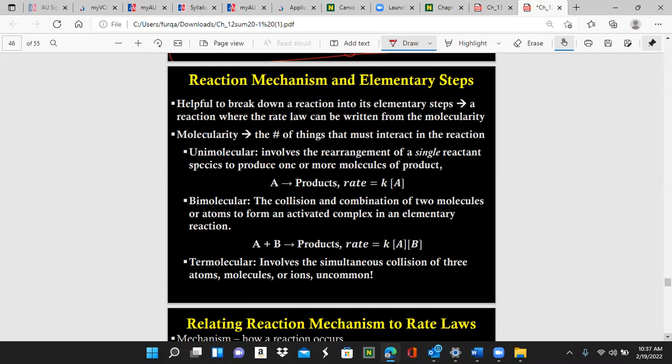In most cases, we just see a balanced chemical equation, so it looks like a direct change, but that change may have taken a multi-step process. There might be more equations before the final products appear.